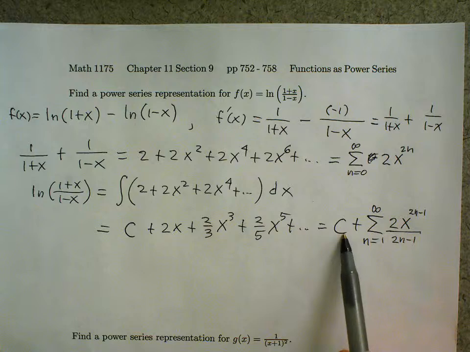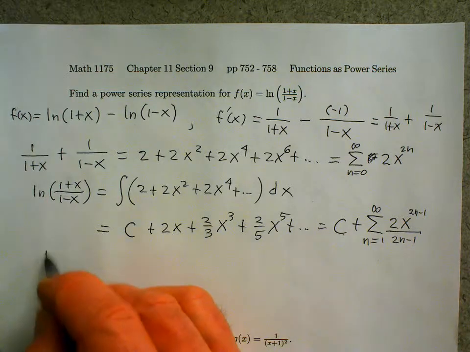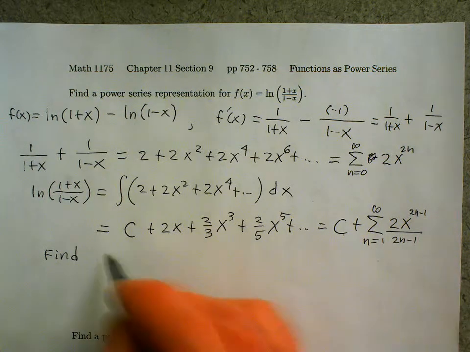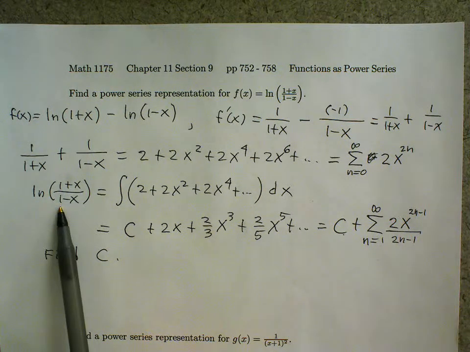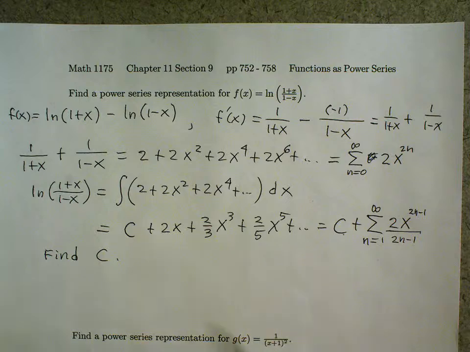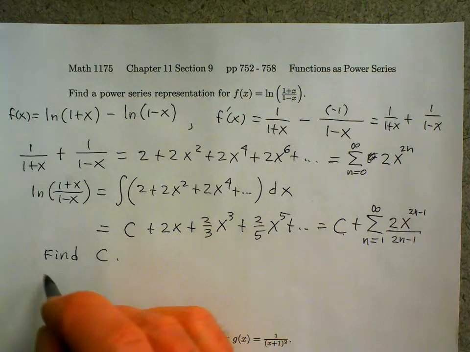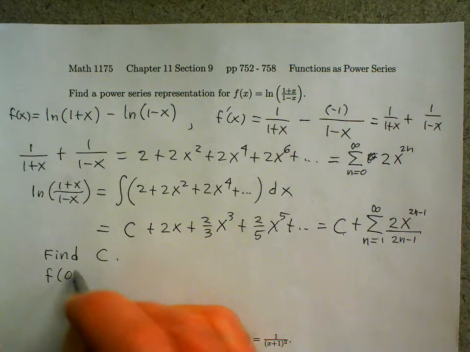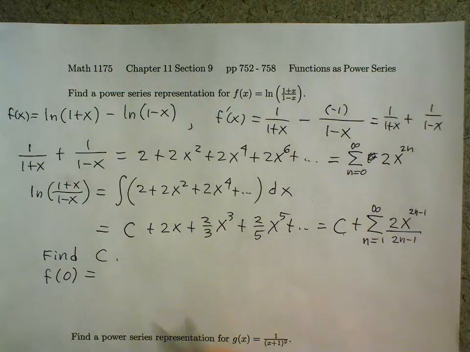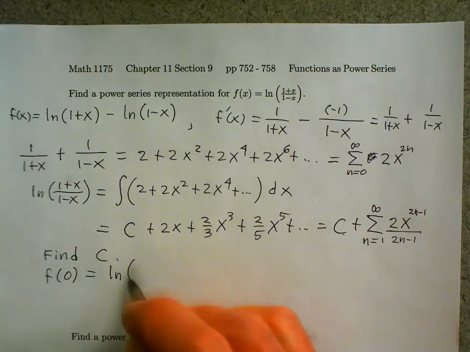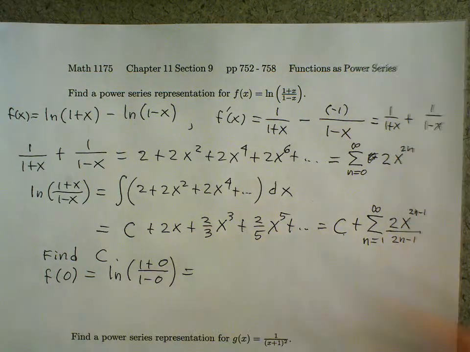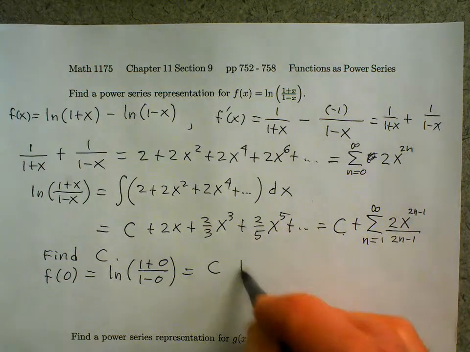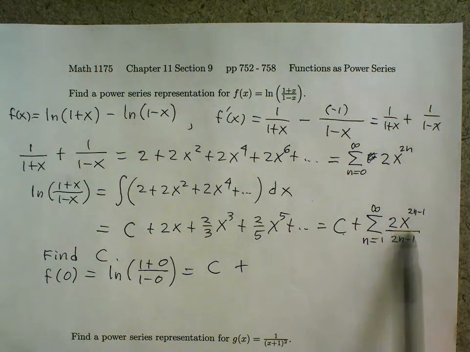To find the constant of integration, we can evaluate this function when x is 0. So f of 0 is the natural log of 1 plus 0 divided by 1 minus 0. And that's equal to c plus the infinite power series.